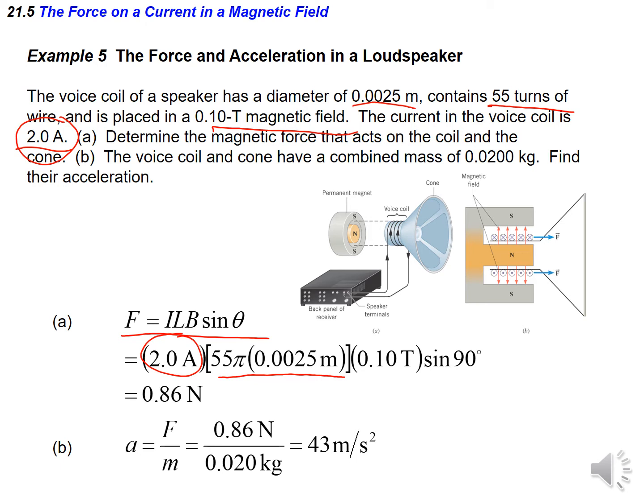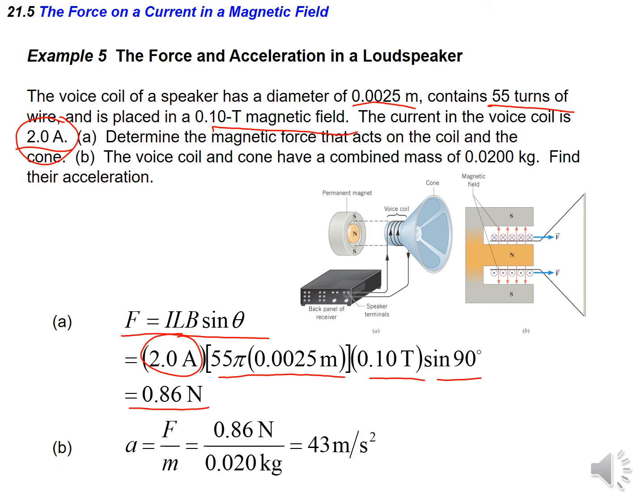The magnetic field is given, 0.10 Tesla, and the angle between the magnetic field and the velocity is 90 degrees, so sine 90 degrees. So 2.0 ampere multiplied by 55 pi multiplied by 0.0025 meter multiplied by 0.10 Tesla, then sine 90 degrees. The magnetic force here is 0.86 newtons.